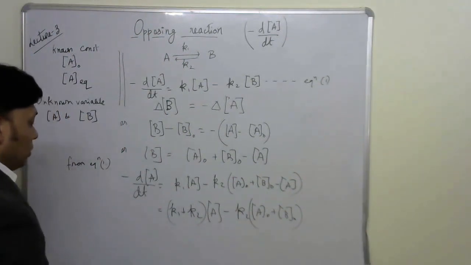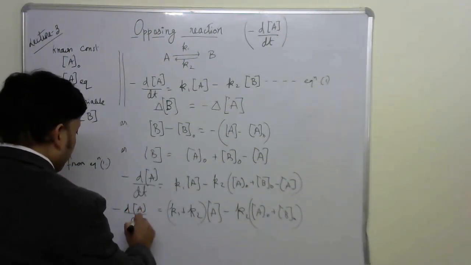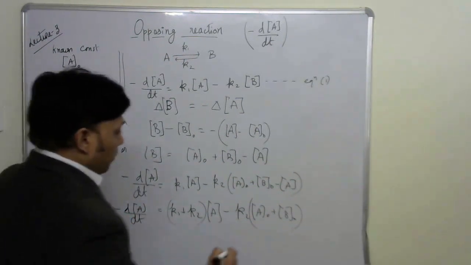So this is our minus dA/dt. And we call this our equation 2.